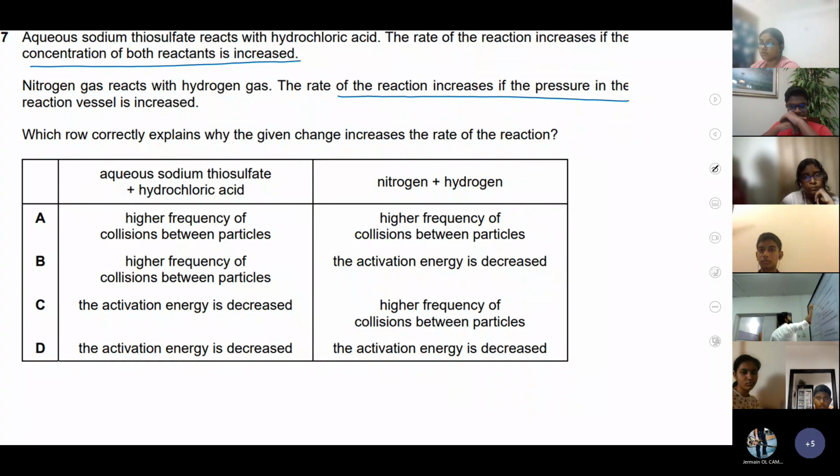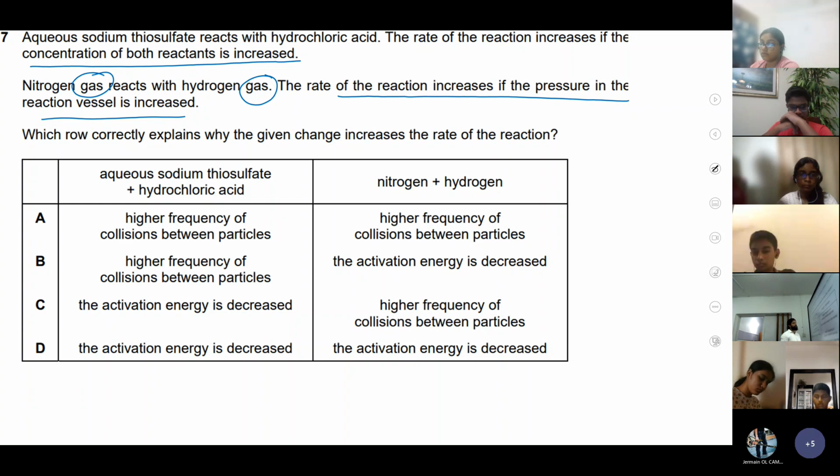That's understood because they are gases. Which row correctly explains why the given change increases the rate of the reaction? Not bad. Concentration means you have more particles in unit volume, more frequent collisions. Pressure means again particles are closer, more frequent collisions.